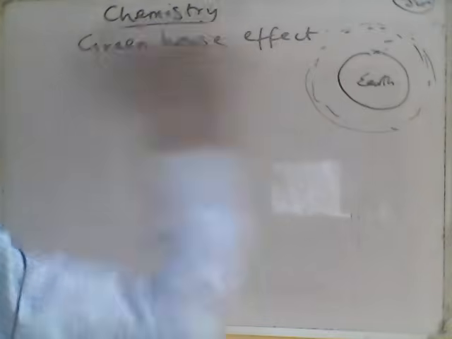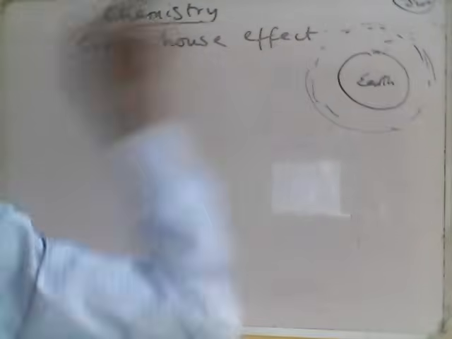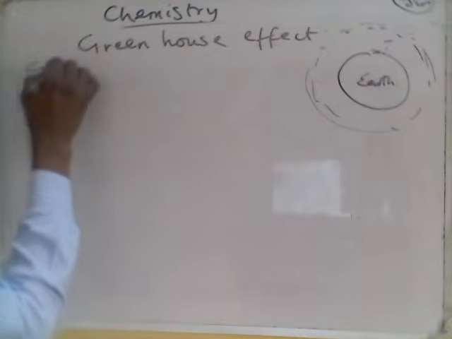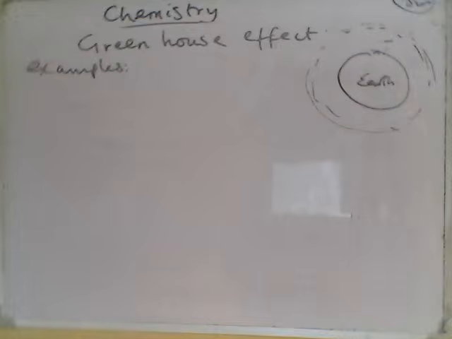There are gases that are released from this Earth that trap that heat and cause enormous heat in the Earth. So what are the major greenhouse gases? Examples of greenhouse gases, okay? These are the gases that can cause trapping. If it can't escape from the Earth, it can cause greenhouse.